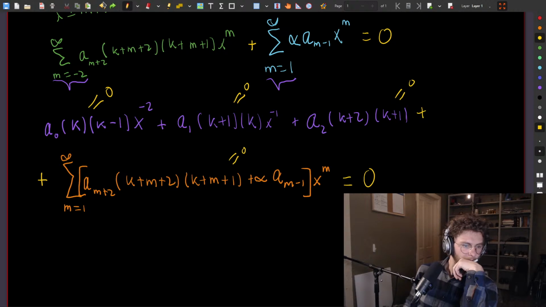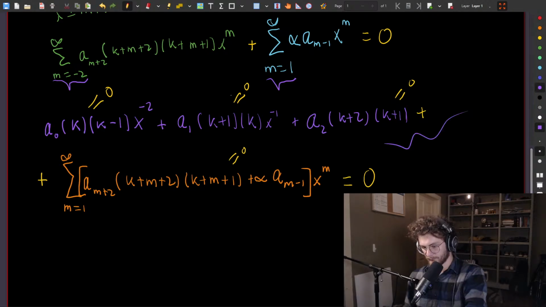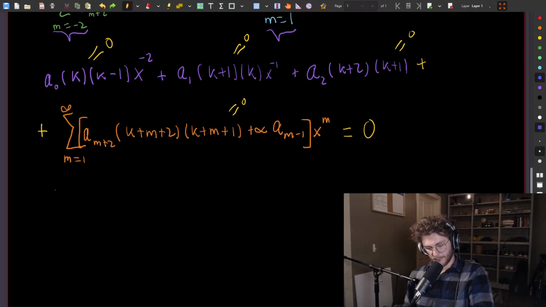So we're going to say for our indicial equation, and we're going to swap to another color here. Just do regular old blue.